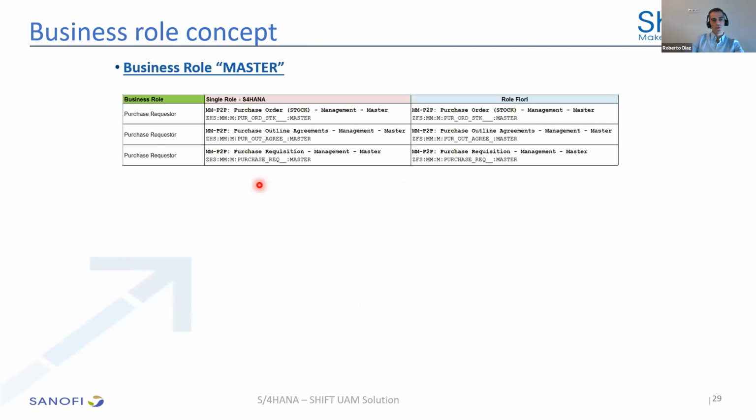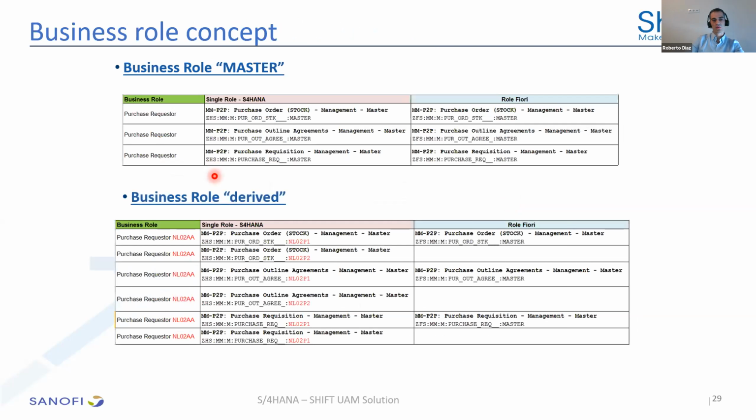So we also follow the business role master concept. The business role is defined in SAP GRC Access Control, and this is just a grouping of single roles. So this is the master. What we really assign to the user and create in SAP GRC is a derived business role, which again is a grouping of derived single roles.